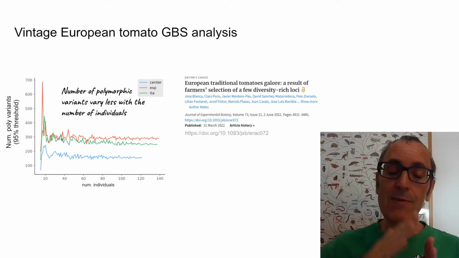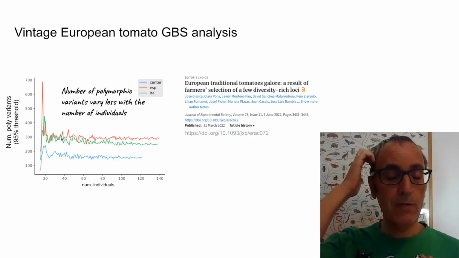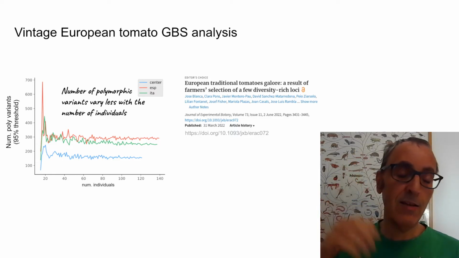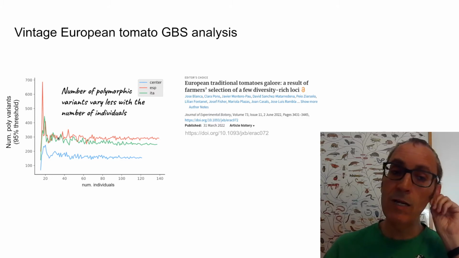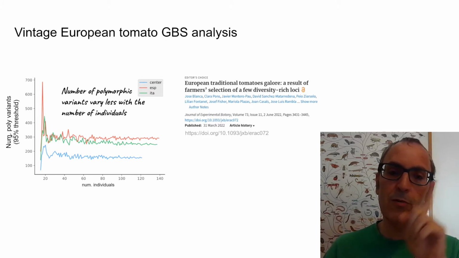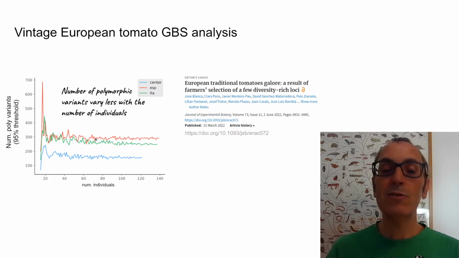Because even if you add more individuals with more markers that are in low frequency, these markers that are in low frequency are not polymorphic. So the new markers that you discover by adding more individuals are not polymorphic. So this measure, the number, not the proportion, of polymorphic markers does not go down.